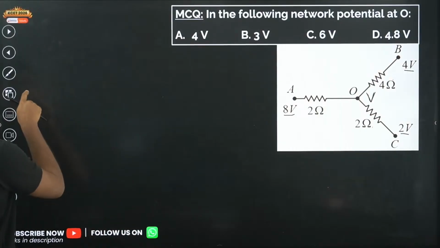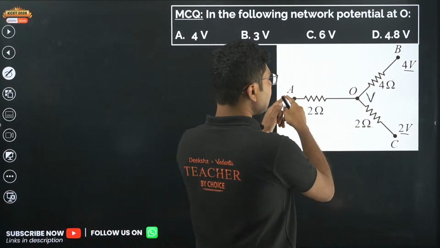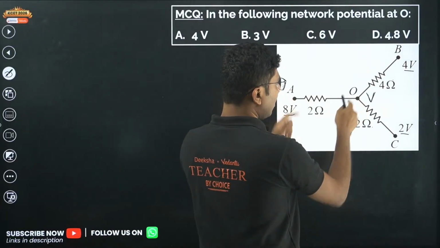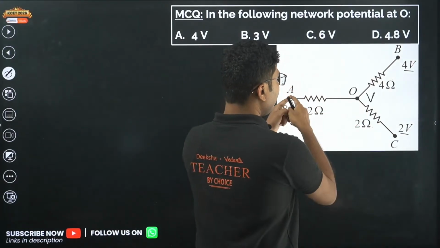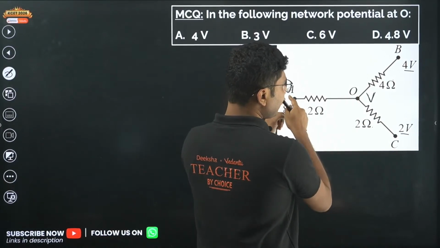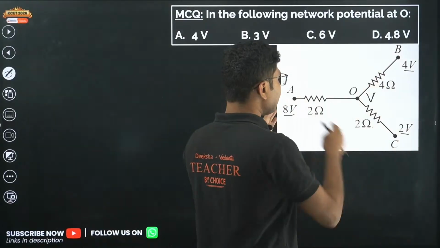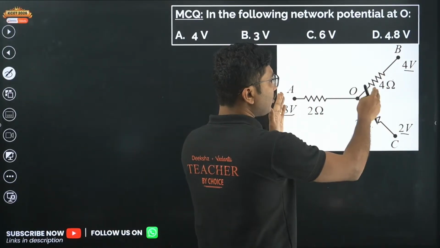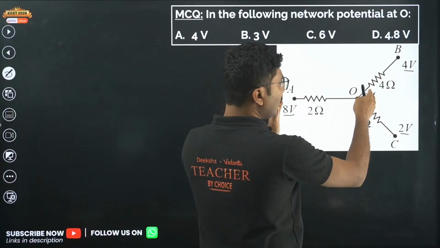Whenever you are considering a particular segment, suppose we are considering the segment AO, what is the voltage drop? Current must pass from higher voltage to lower voltage. These 2 points have lower voltage, so V must be intermediate between these two. So V is a lower voltage point.